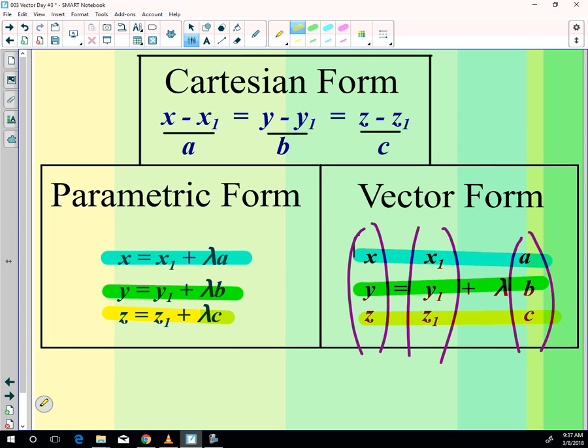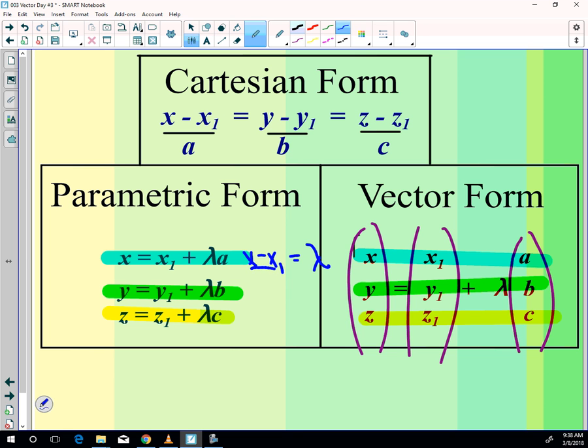There's lots of connections. And then what we might like to do is, we like x, x1 and a, b, c, and all that. We don't like lambda so much. So what we could do is solve x minus x1 equal lambda times a.